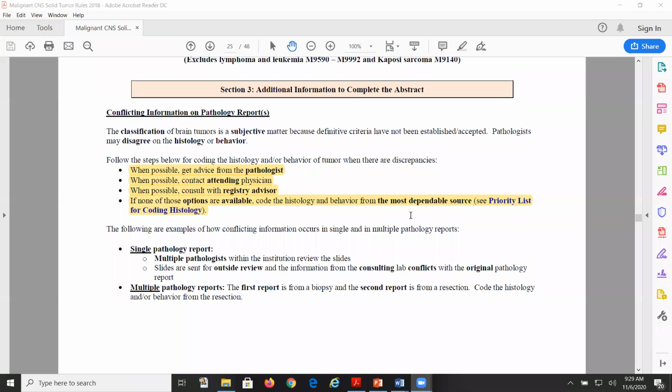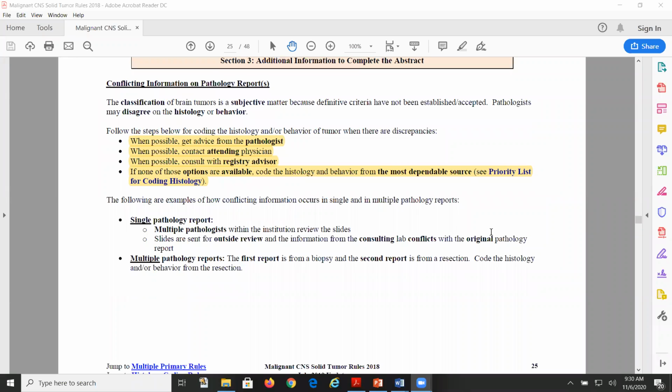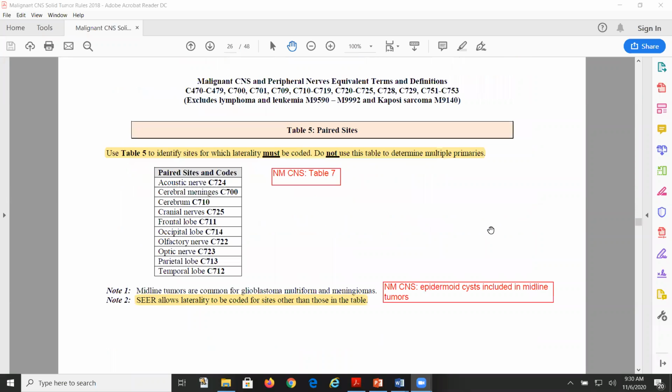If none of those options are available, code the histology and behavior from the most dependable source. So we've gone through all the instructions and their priority that would guide you in making those decisions.